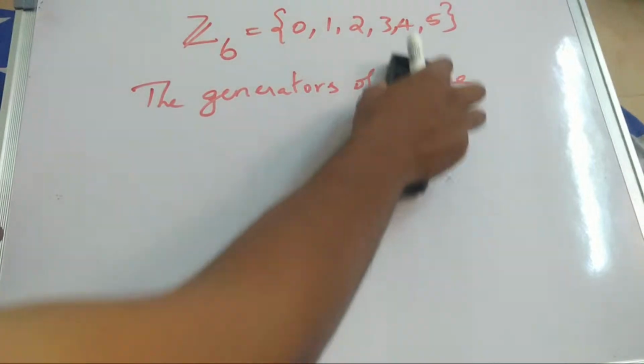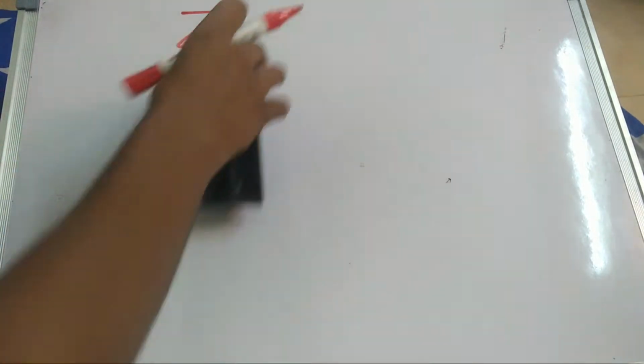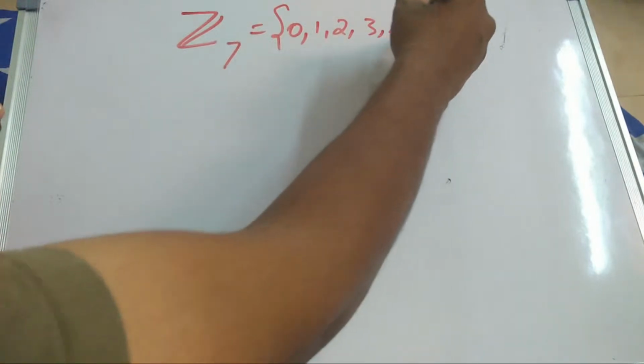So let us consider, say, Z11. Maybe I will give a smaller number, say Z7. So this is 0, 1, 2, 3, 4, 5, 6.